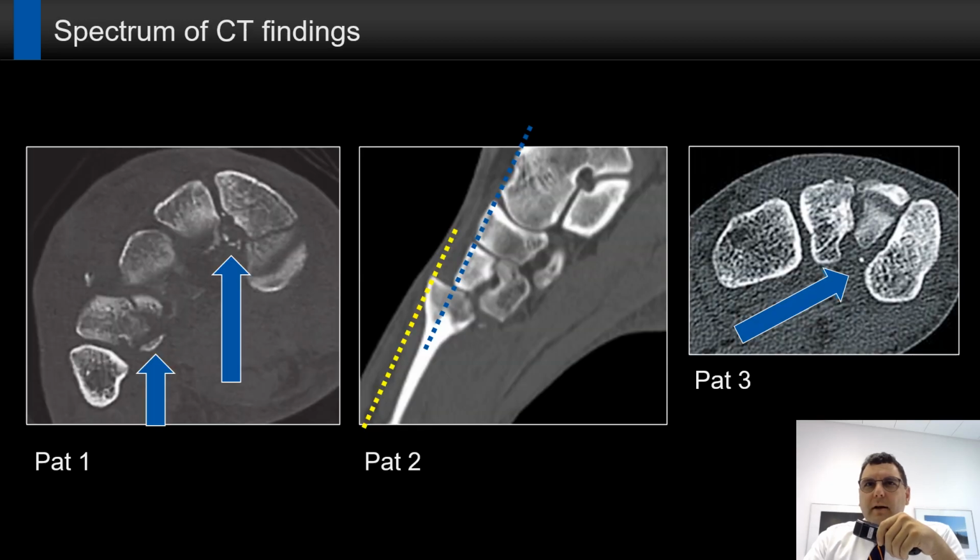Some lines may also help you. In CT, which is recommended always if you have a suspicion for Lisfranc injury, you can see usually much more fracture fragments, and you can see also some dislocations in other directions, which are not so obvious to see.